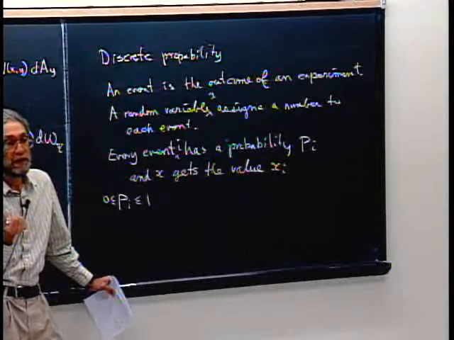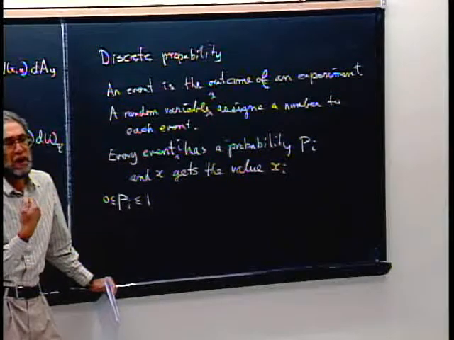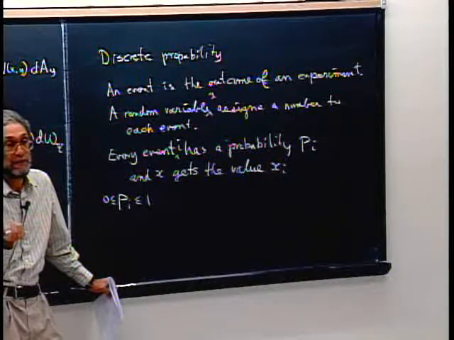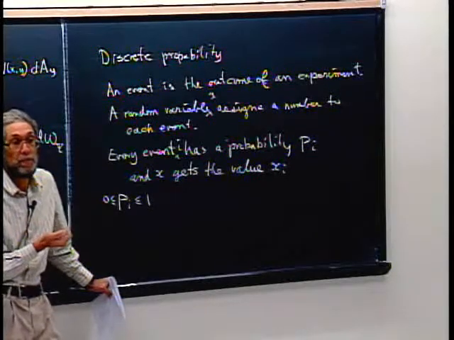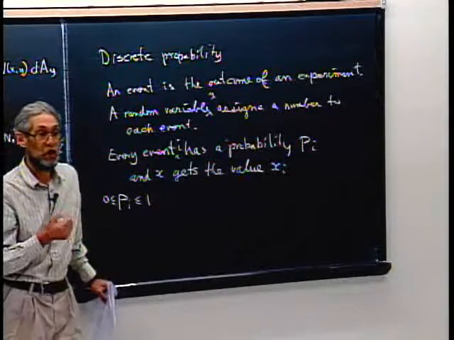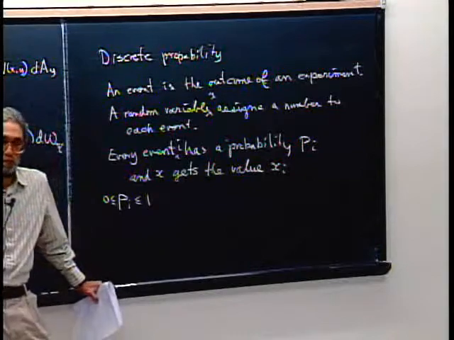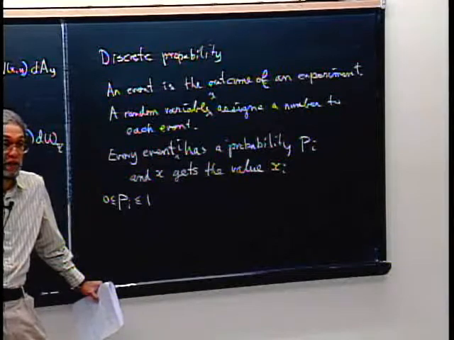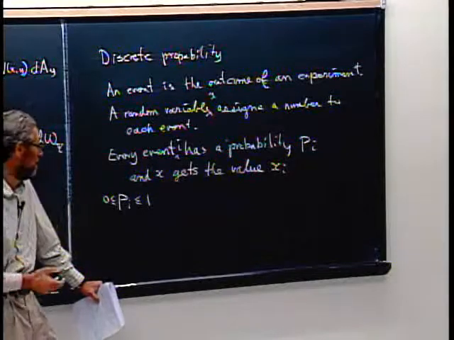But we could also make the event, in terms of looking at the outcome, say whether it's odd or even. And that would include 2, 4, and 6, and the probability would be a half. So events don't have to be just one outcome. It depends on how you look at the experiment, basically.